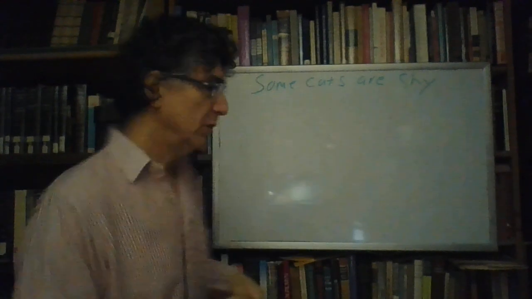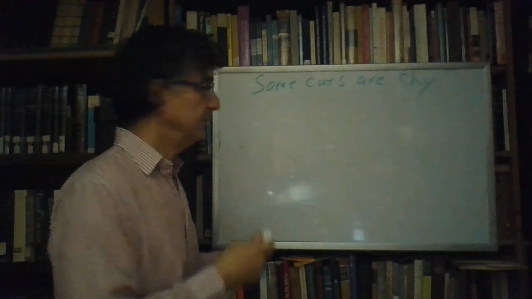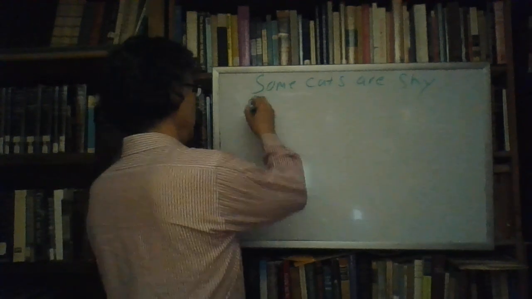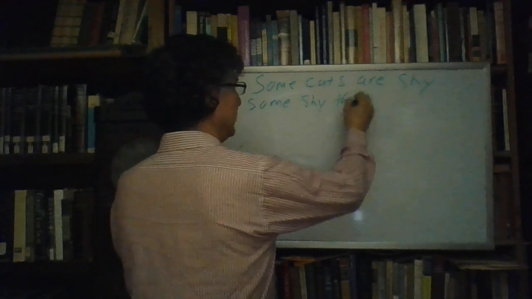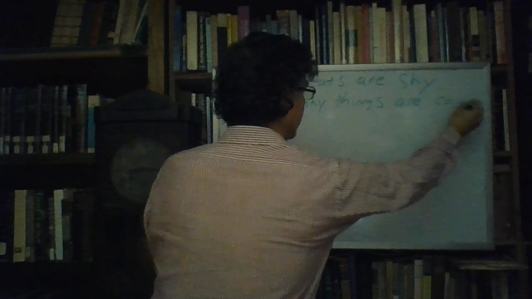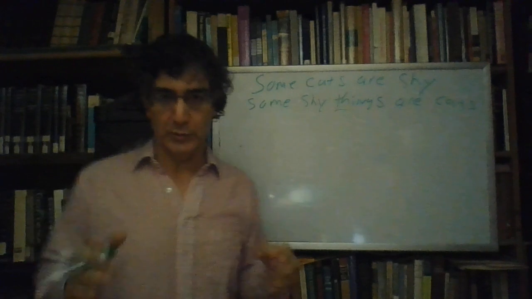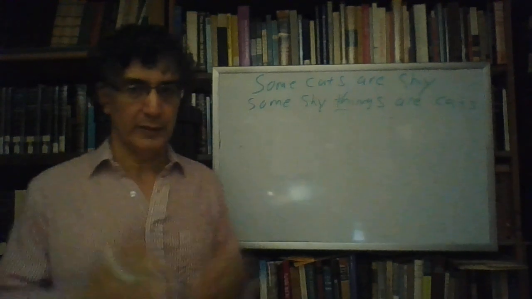So let's think about this first logical maneuver, conversion. We infer from some cats are shy that some shy things are cats. As you notice, we have to put the word things in there for it to make sense. In doing logic, you will at times have to add a word to make grammatical sense.